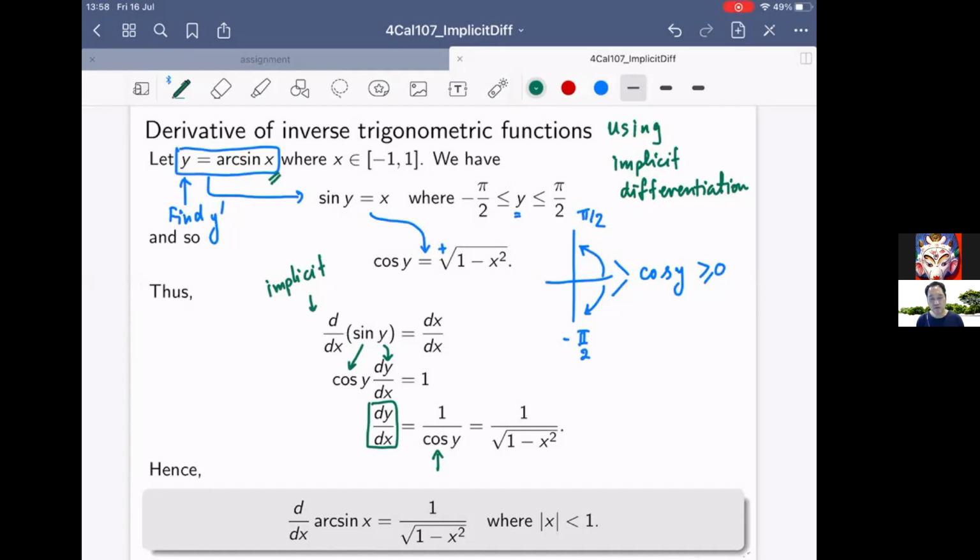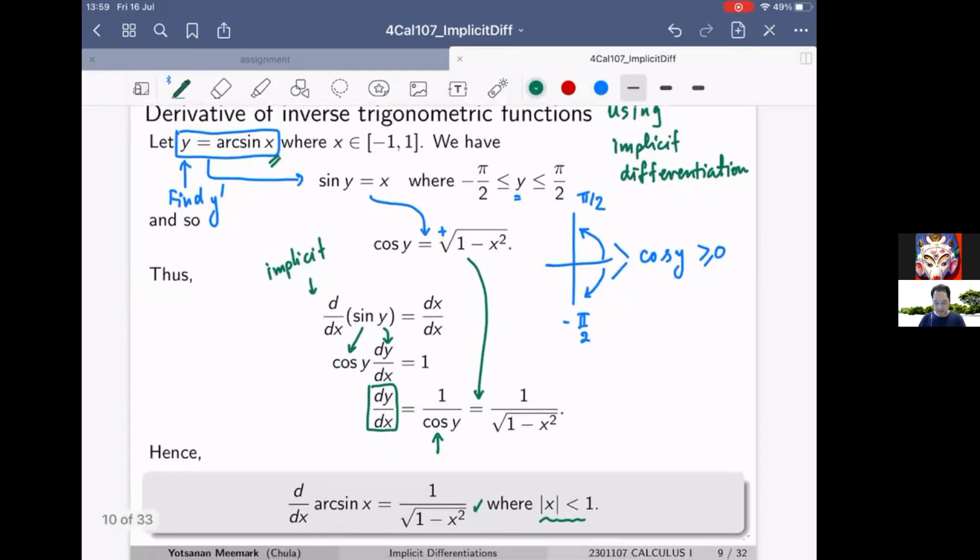So you should change your cosine of y into a function of x. We have that cosine of y is simply the square root of 1 minus x squared. So the derivative of arcsine becomes 1 over the square root of 1 minus x squared, and the absolute value of x must be less than 1.